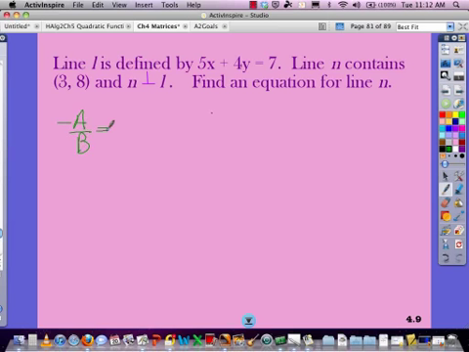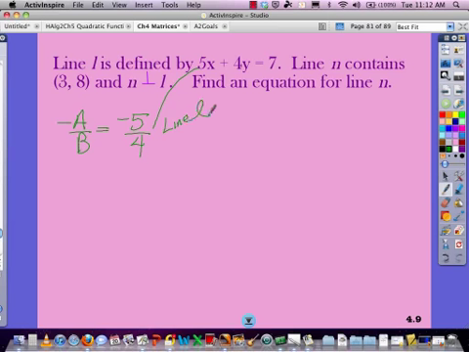So the opposite of A, negative 5, over B, which is 4, and therefore we would get a slope of negative 5/4. That's the slope of this line, which is line L.